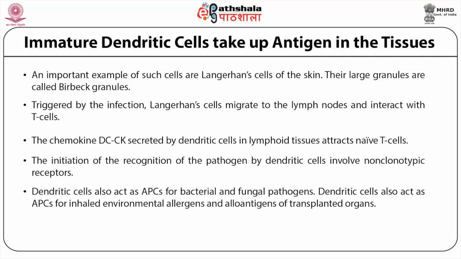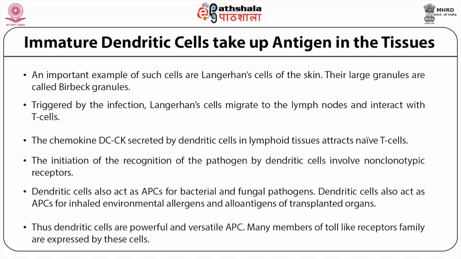Hence, dendritic cells play an important role in allograft rejection. Thus, dendritic cells are powerful and versatile APCs. Many members of the toll-like receptor family are expressed by these cells. All these features widen the range of pathogens which dendritic cells can recognize.